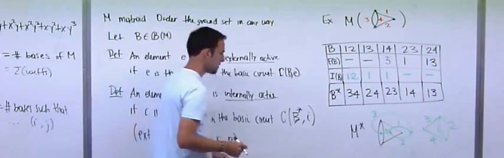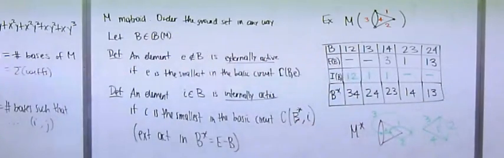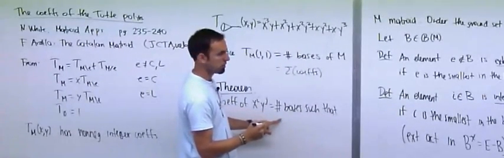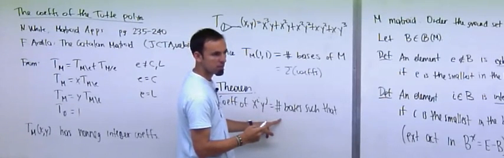Okay. So theorem. The coefficient of x to the i, y to the j is equal to the number of bases that have i internally active elements and j externally active elements.